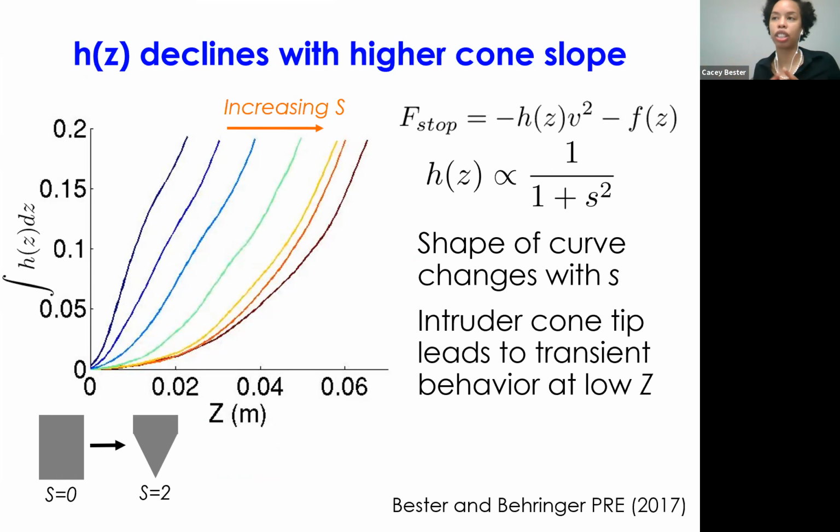The colors correspond with our different cone shapes. The dark blue is the cylindrical shaped cone, and the dark red corresponds with our sharper cone. As you observe here, as we go to different cone shapes, we see a decrease in the corresponding inertial drag, as we expected from our collisional model.